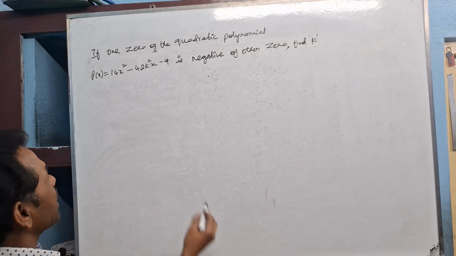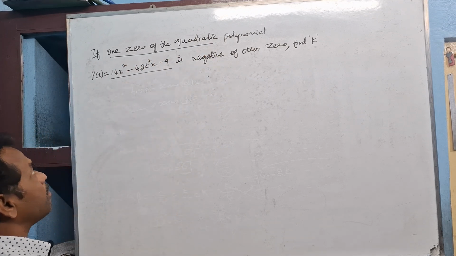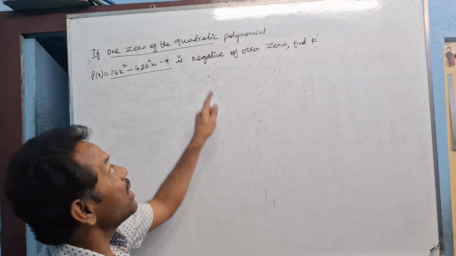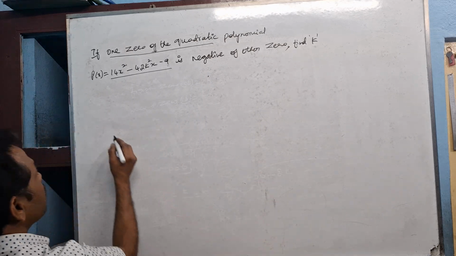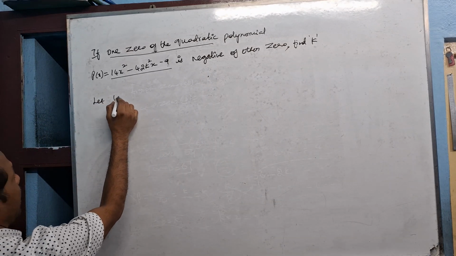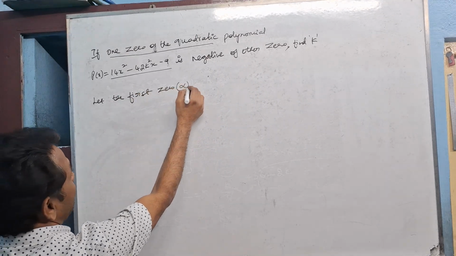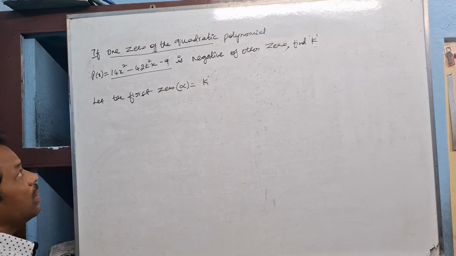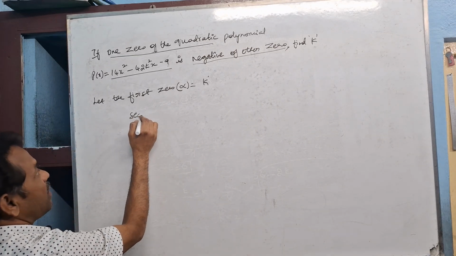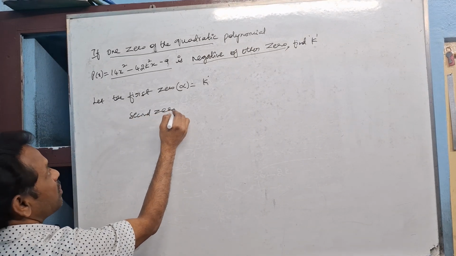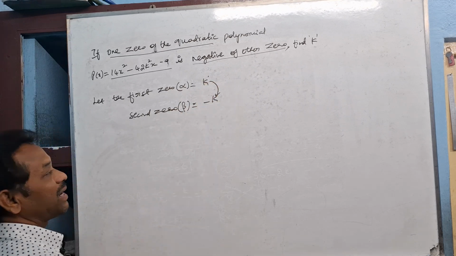In this question, it is given that one of the zeros of the polynomial 14x² - 42k²x - 9 is the negative of the other zero, and we need to find the value of k. So let us take the first zero, alpha, equal to k. Given that the second zero is the negative of the first zero, the second zero, beta, will be -k.